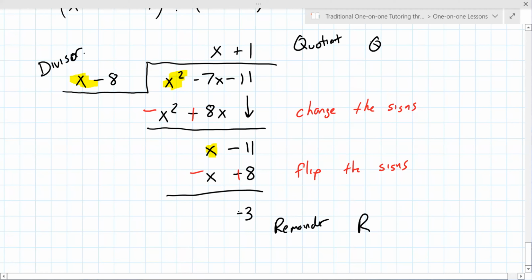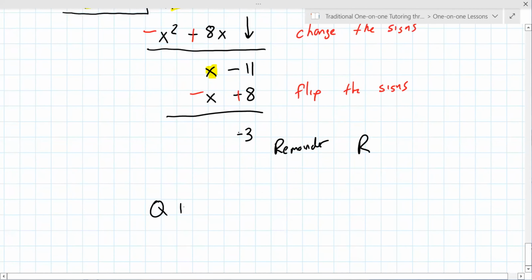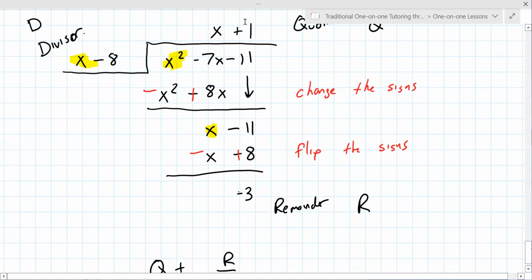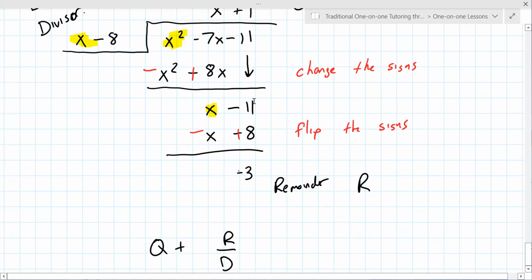I generally just go R, Q, and D. The way you write your answer is always Q plus R over D. There's another way to do it, but we'll go with that. The key is you've got to get the remainder right. So it would be x plus 1 and then plus negative 3 over x minus 8. That's exactly right.